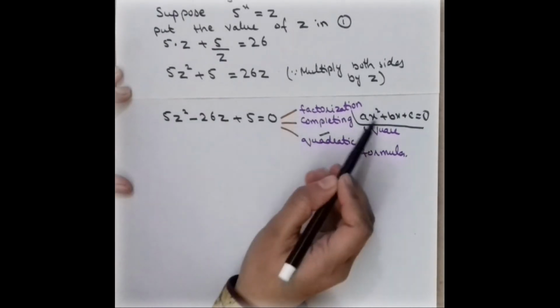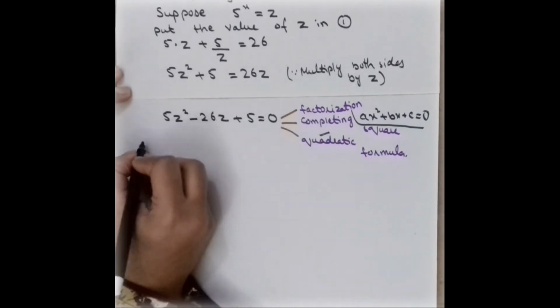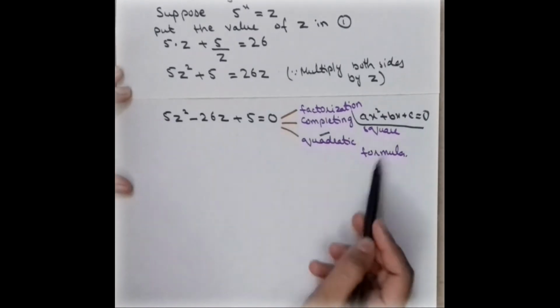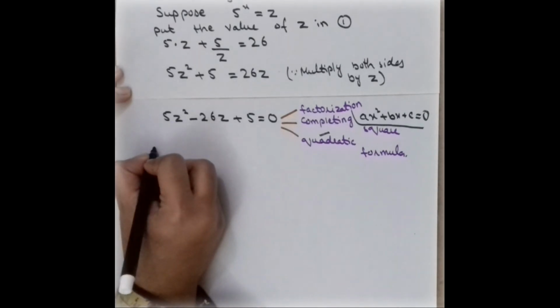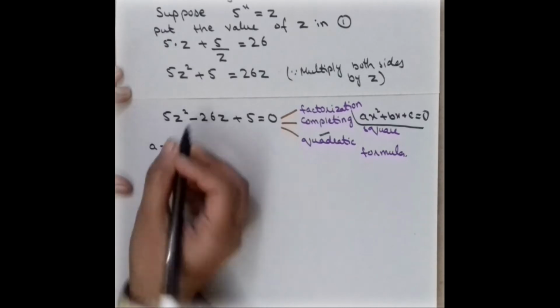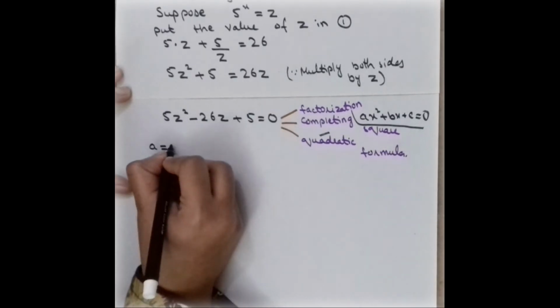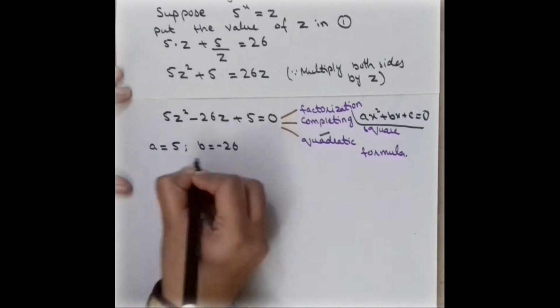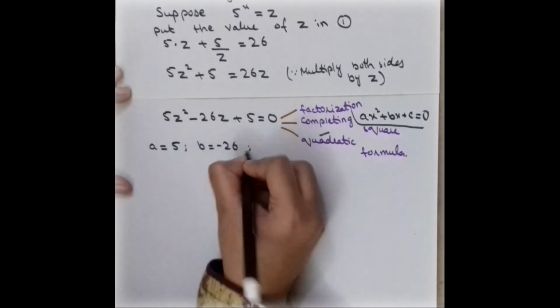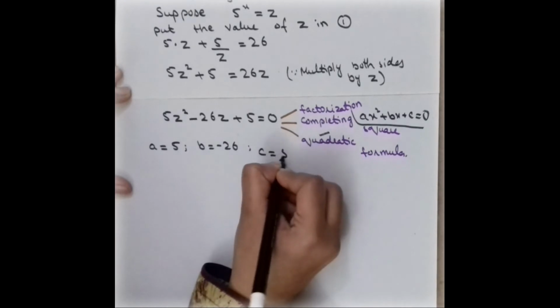We discussed the quadratic formula, and how to apply it, in detail in a previous video. After comparing with the standard form, we have a equals 5, b equals minus 26, and c equals 5.